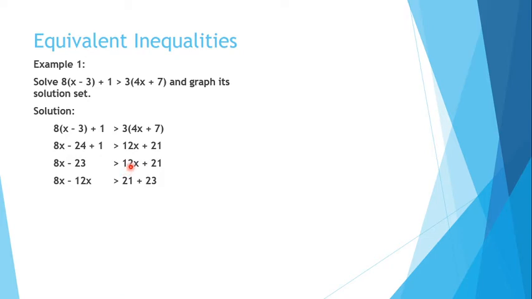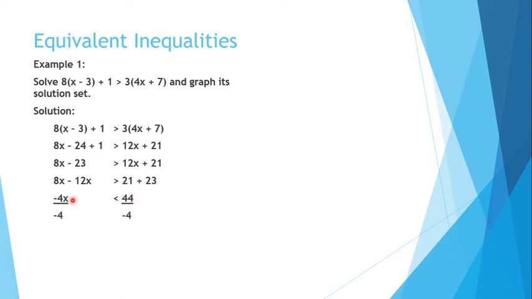Of course, if the 12x is positive on one side, when you transfer it to the opposite side, it will become negative. And just like negative 23, it becomes positive 23. Next, we have 8x minus 12x, which gives negative 4x. And then 21 plus 23, that is 44.